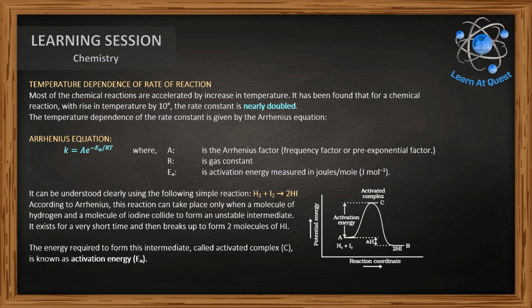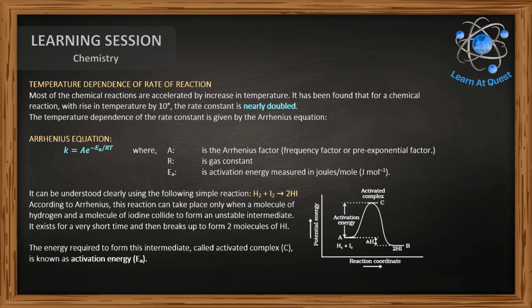Now, in this case, the molecule of hydrogen and the molecule of iodine collide to form the unstable intermediate H2I2. This unstable intermediate exists for a very short period of time, and then this breaks up to form two molecules of hydrogen iodide. That is, the unstable intermediate H2I2 forms 2HI.